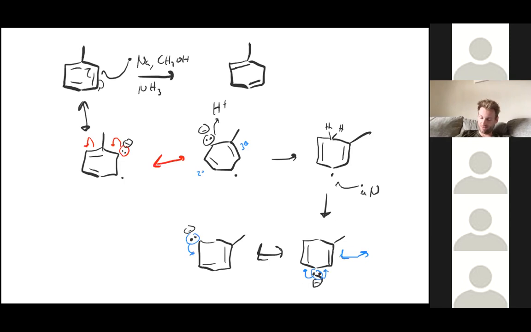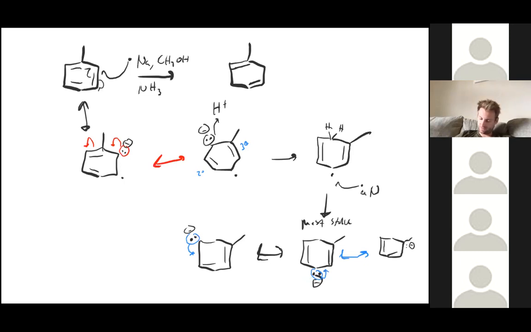So that actually makes it a little bit more stable. So this will be considered our most stable resonance structure. And that's why this is going to lead to a product.